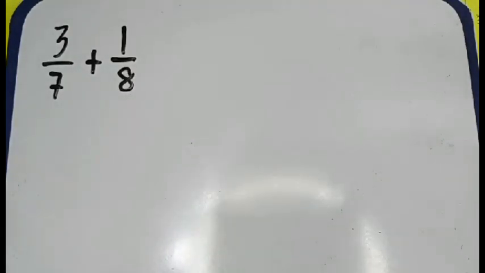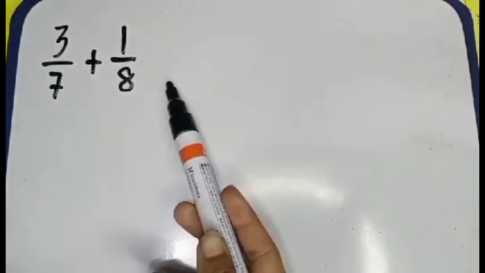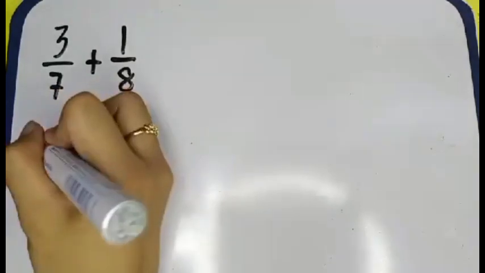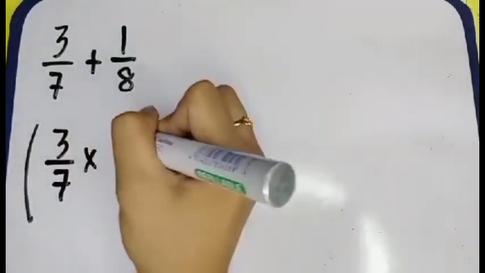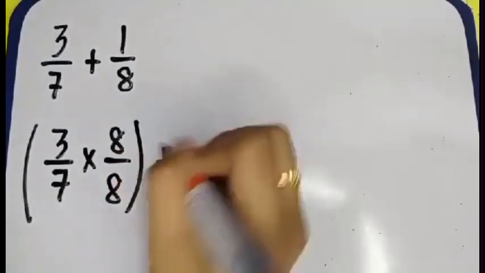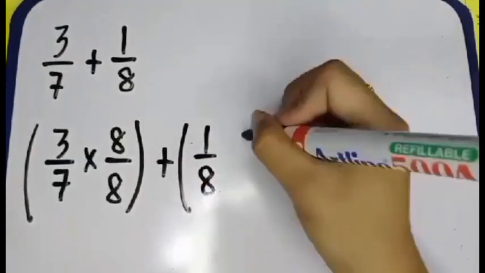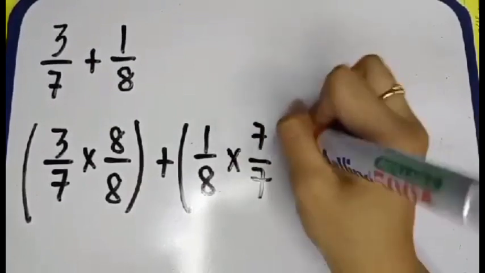Next, we're going to multiply the numerator and denominator by a number that will make the denominator equal to our LCM, which is 56. So, 3 over 7 times 8 over 8 and 1 over 8 times 7 over 7.